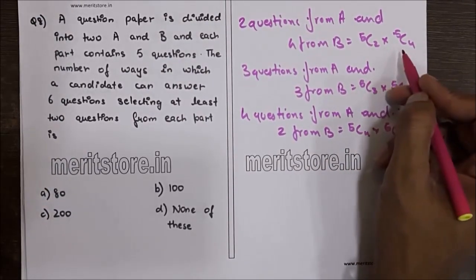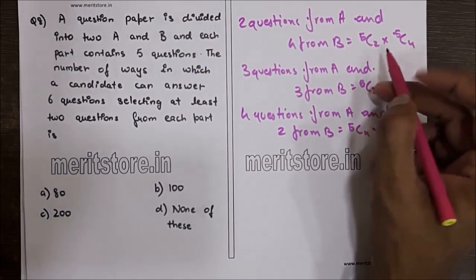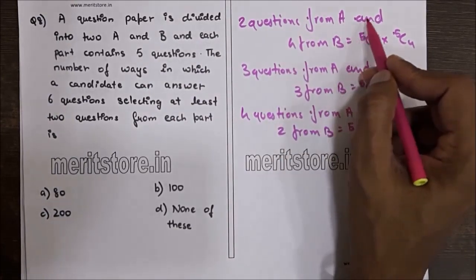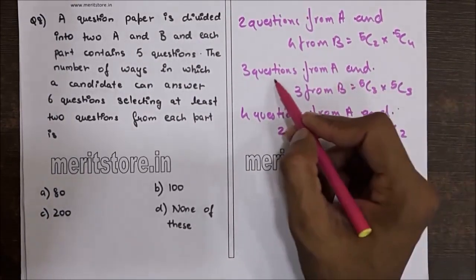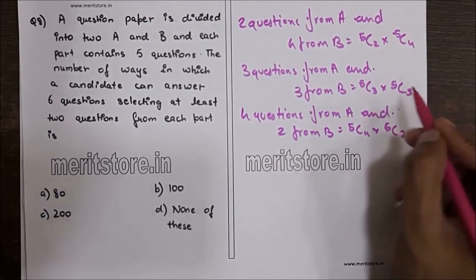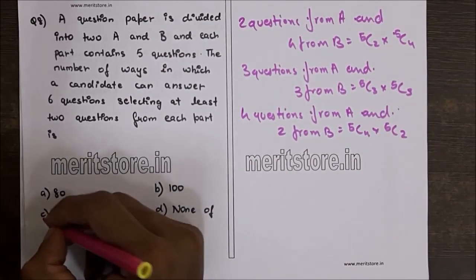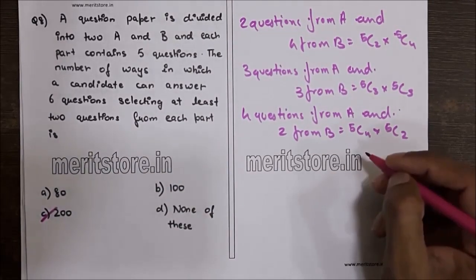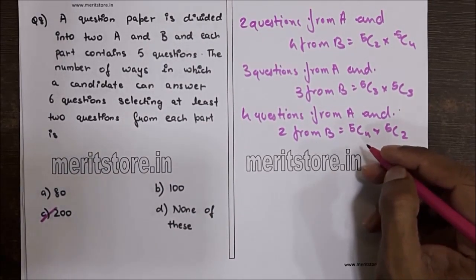If we calculate this, we get the answer as 200 for 2 questions from A and 4 from B, and for 3 questions from A and 3 from B. We solve this, we get the answer as 200 in every case. So therefore, C is the correct answer, that is the total number of ways is 200.